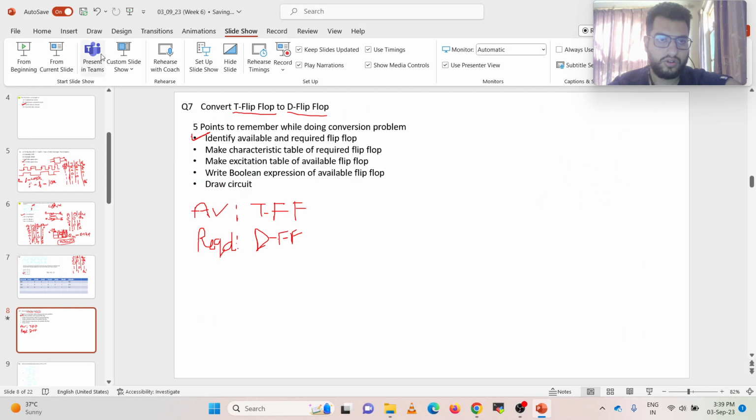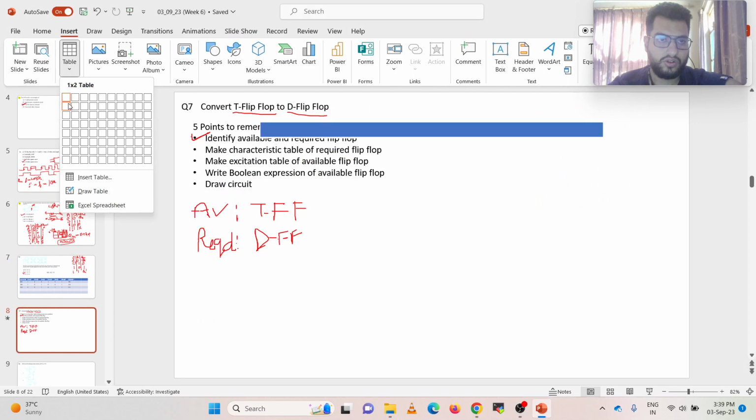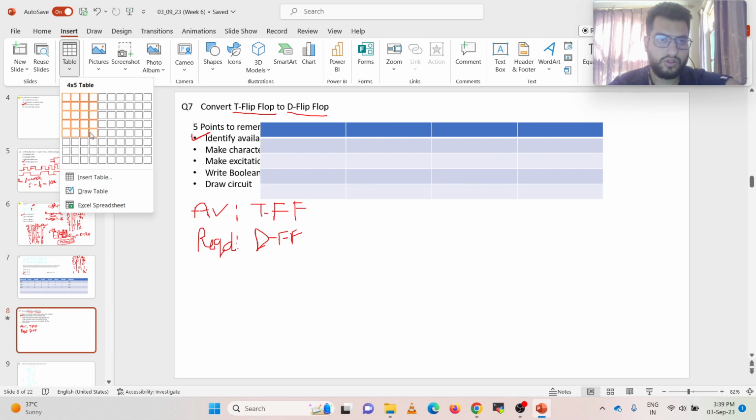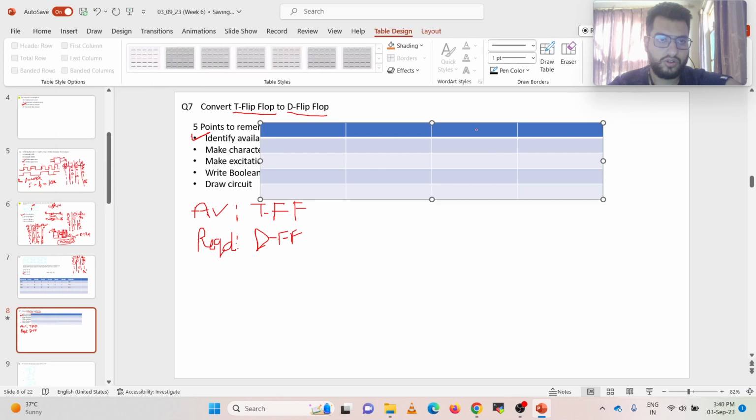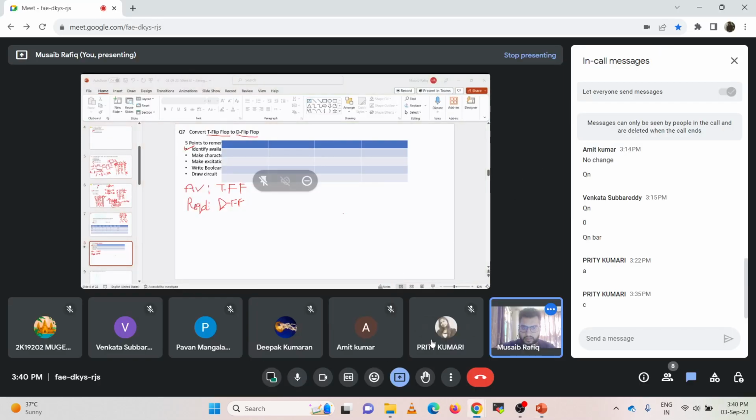Now we have to make the characteristic table of the required flip-flop. So what we have to do, just a second, something happened to this.